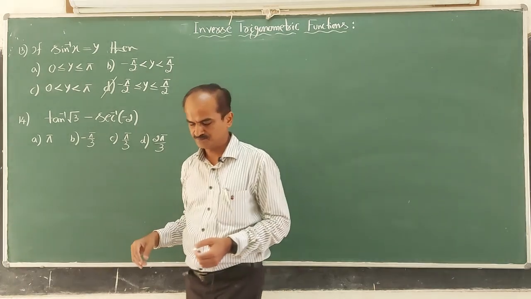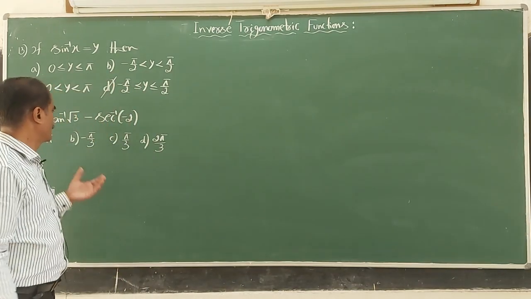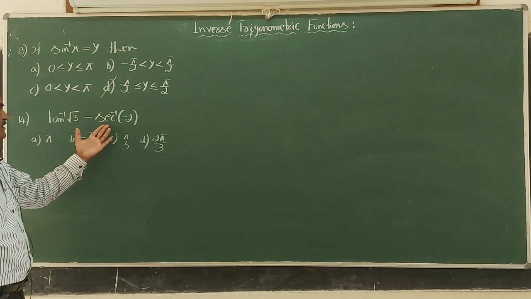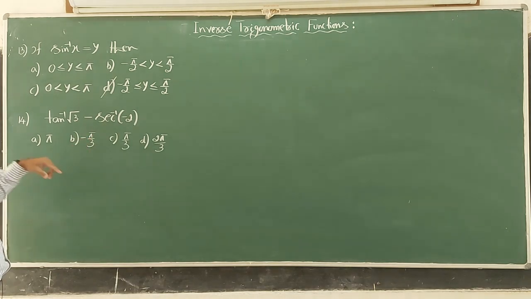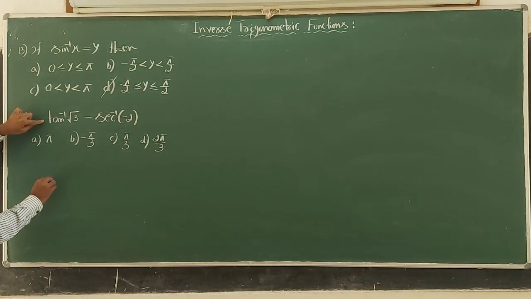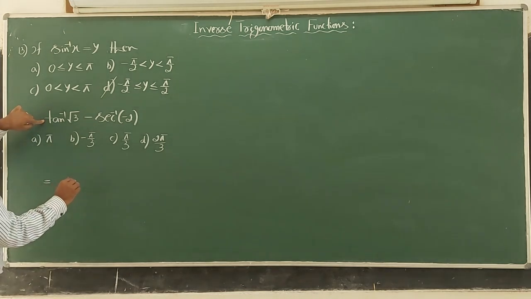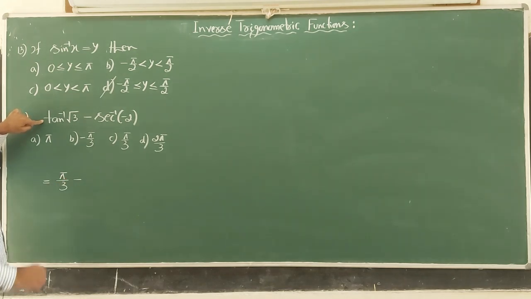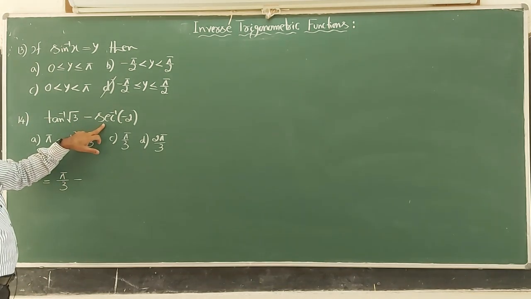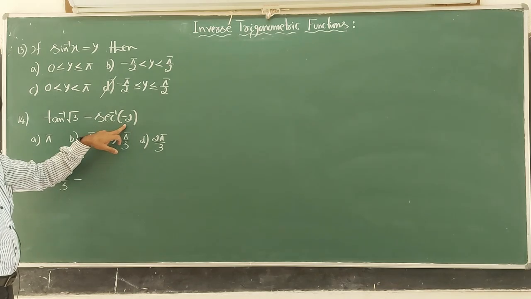Next question. Required to find value of tan inverse root 3 minus secant inverse of minus 2. Tan inverse of root 3 is how much? Tan of which angle is root 3? Pi by 3. Now secant of which angle gives us 2? That is pi by 3.